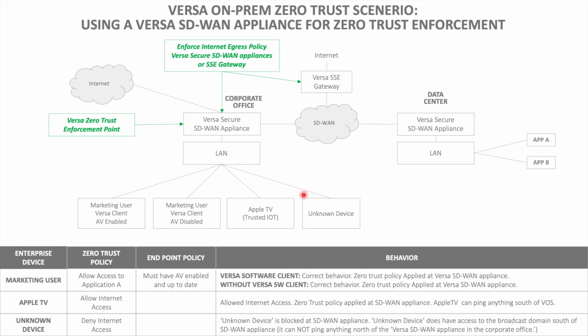For the unknown devices, if they try and go north of the Versa Zero Trust enforcement point, this will be denied because they are not allowed access to anything north of the Versa Zero Trust enforcement point. In terms of enforcing internet egress policy, we can either do that at the Versa SSE gateway or the Versa Secure SD-WAN appliance. It's your choice.